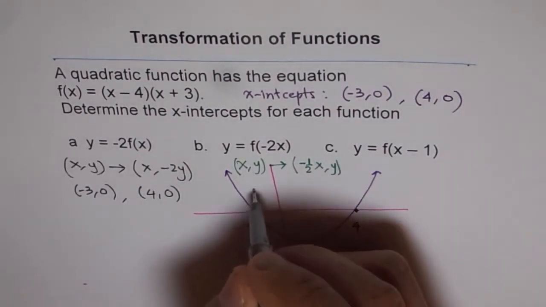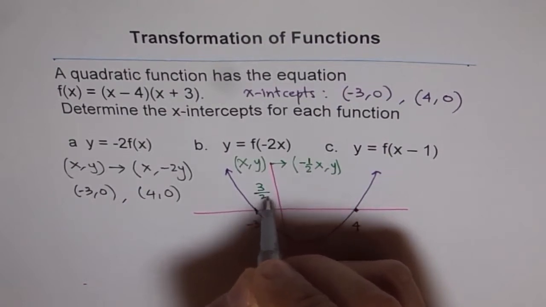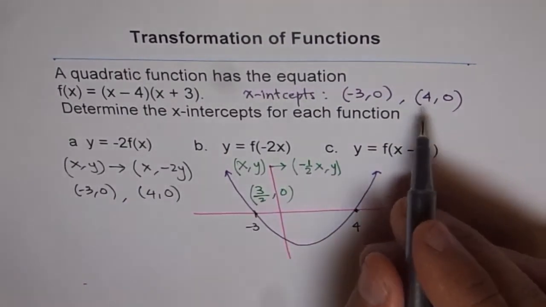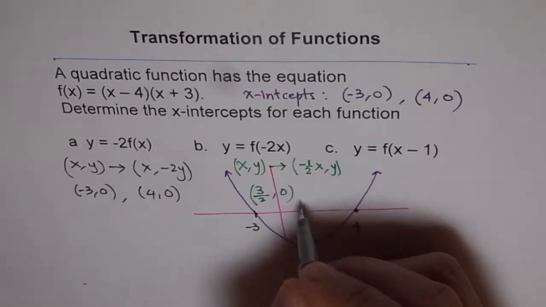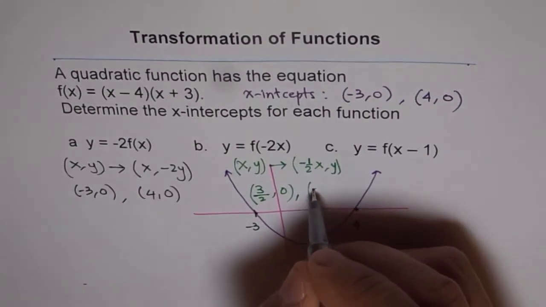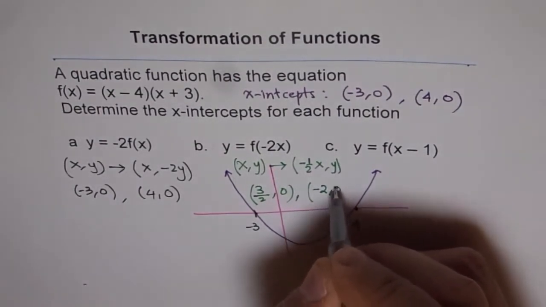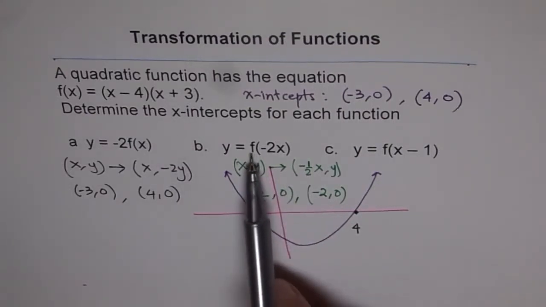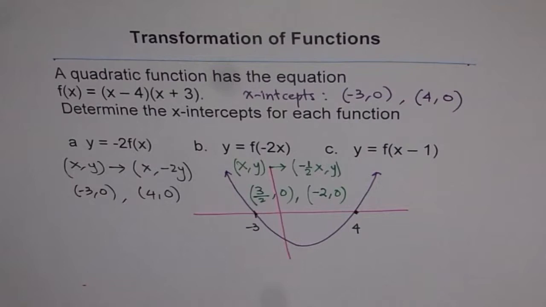So we'll have (3/2, 0) as the first x-intercept, and the next one will be minus of this. So that is -1/2 times 4, which is (-2, 0). So that is going to be the location of our x-intercepts when the function is f(-2x).